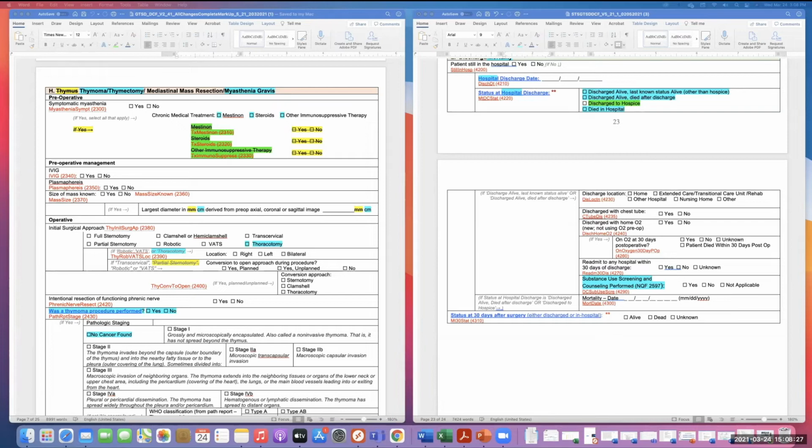They were there for what, PQRS? But that program isn't in effect anymore. Yeah, and we're capturing the unplanned ICU readmission, unplanned ICU in the post-op section. So the task force decided to remove that.